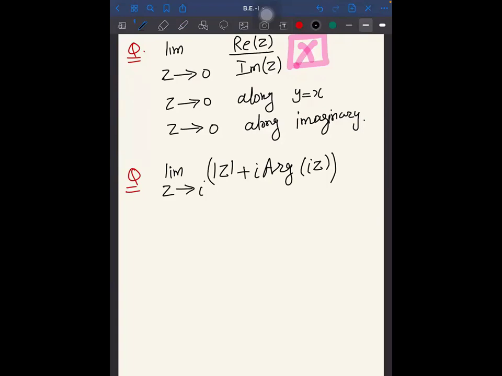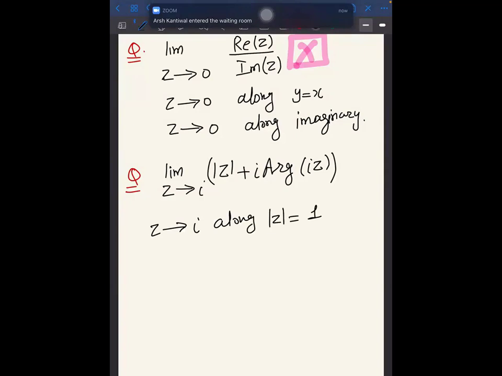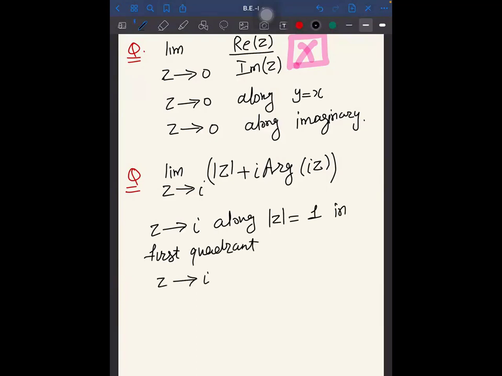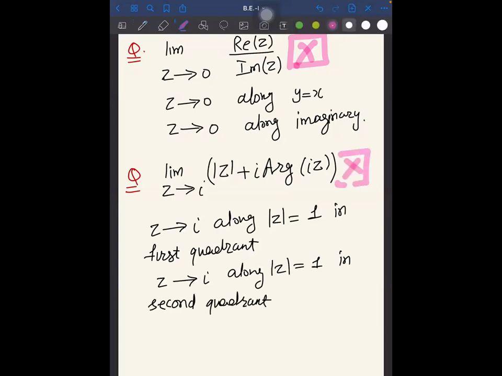One path is z goes to iota along mod z equal to 1, that means the circle, in the first quadrant. And then z goes to iota along the same circle, but in the second quadrant. Then you conclude that these two are different, so this limit also does not exist. You're with me on this?